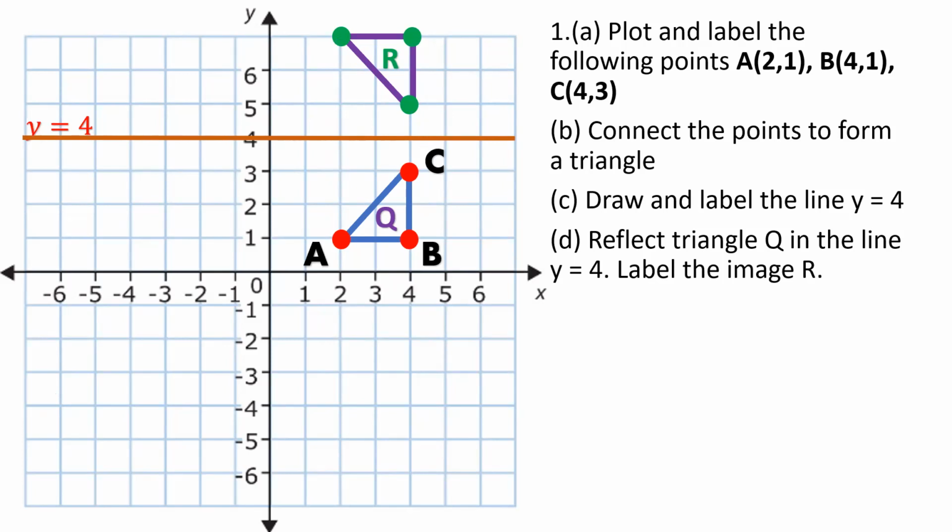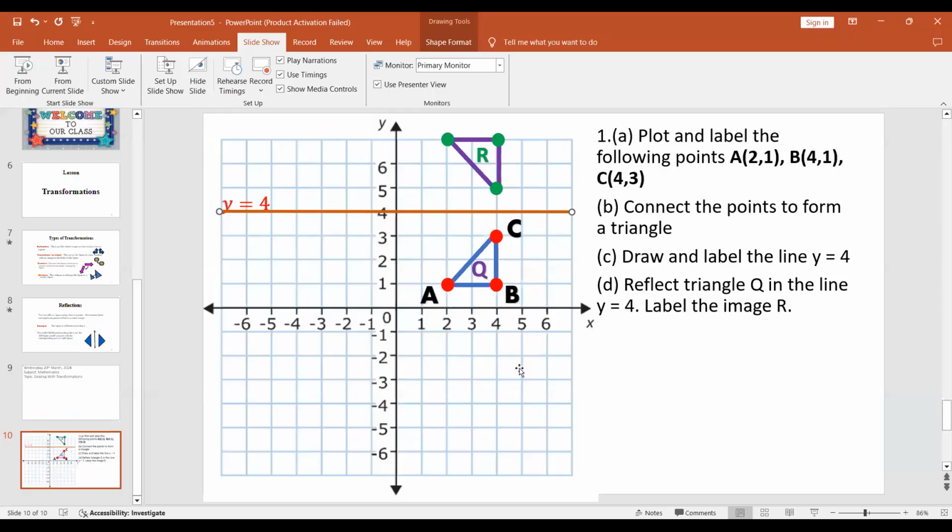Let's go on to the next question. The next one says we want to move the triangle 4 spaces to the right and 2 spaces down. Let's write that down.